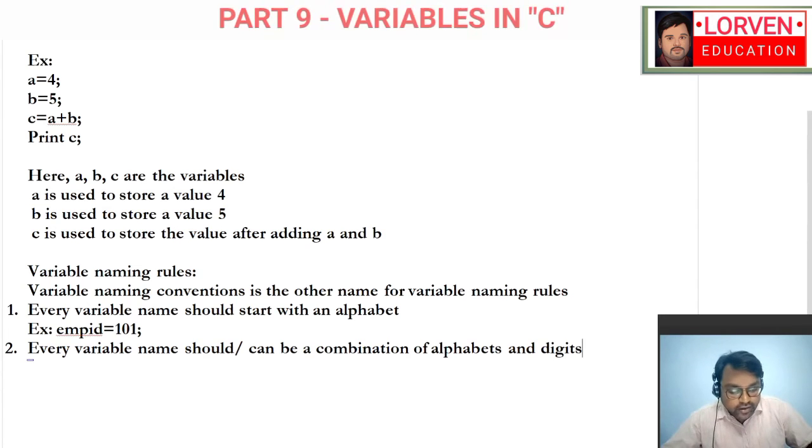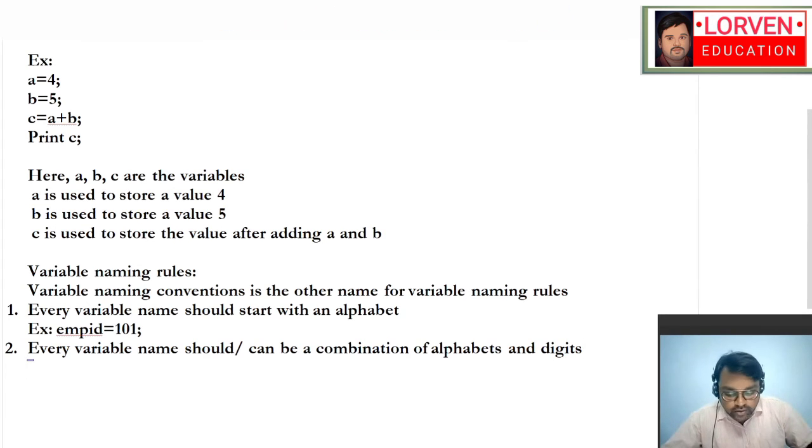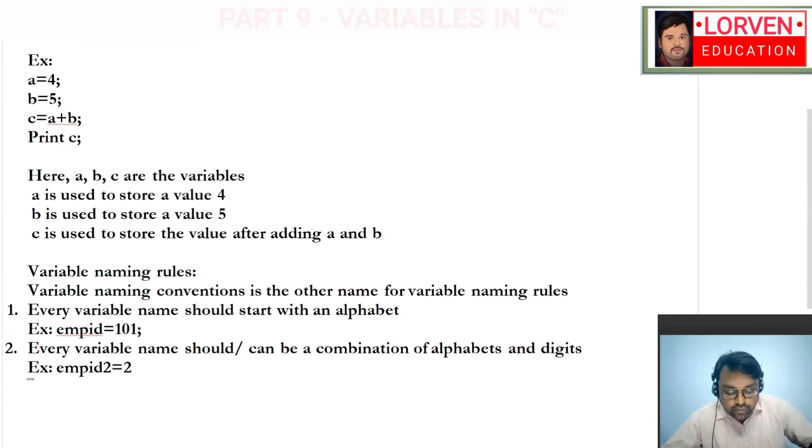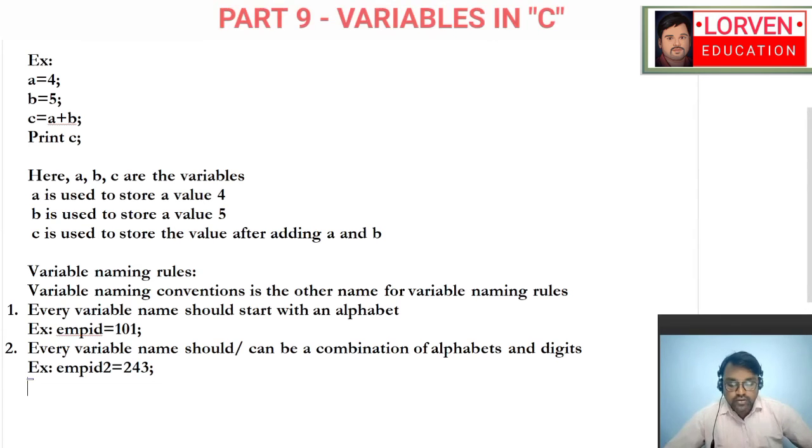It is not a compulsory rule. That means I will take an example and tell you. If we take something like employee ID 1, ID 2 is equal to 243, this can be taken as an example for the second rule of variable naming rules.